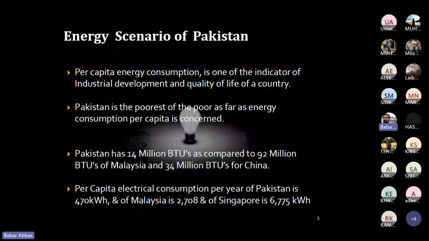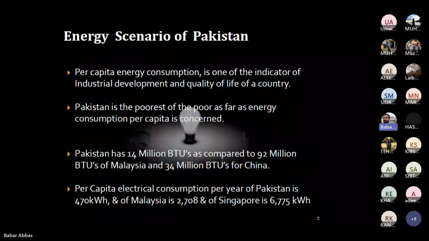Singapore is an advanced industrial country with less population. That's why the average is higher, but still they are offering a lot of energy to their residents. Then Malaysia, with a huge population, is even then offering a lot of energy, almost 5 to 6 times more than Pakistan.